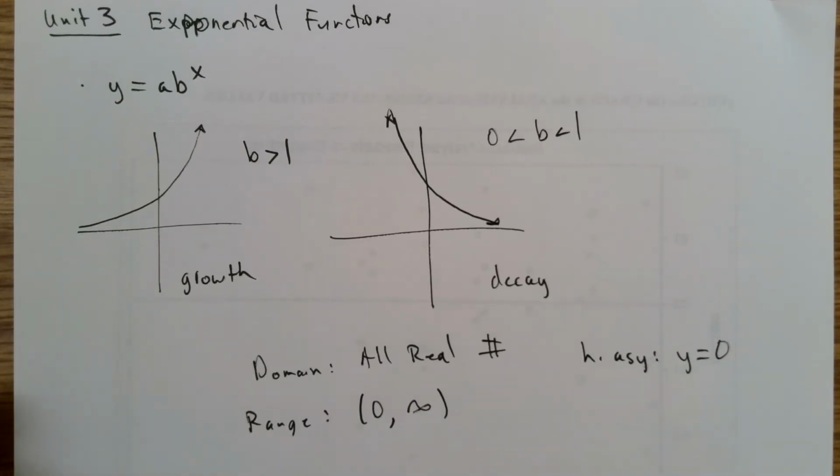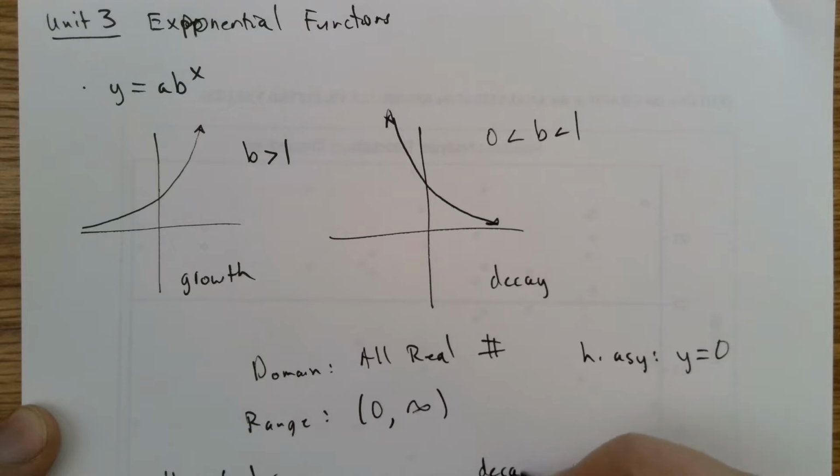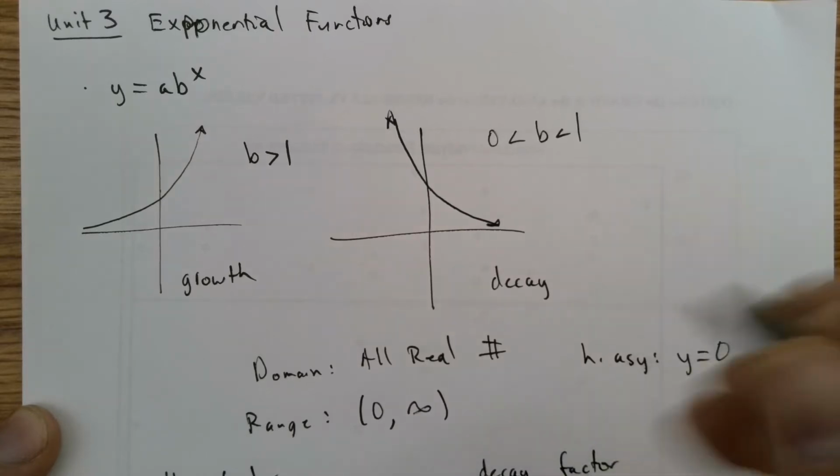We then talked about what was called the growth factor. In this case, it's b. And the decay factor, again over here, it's b.